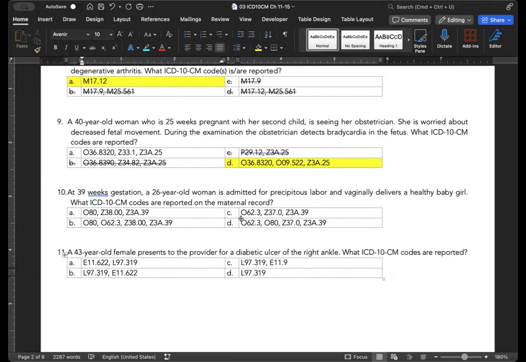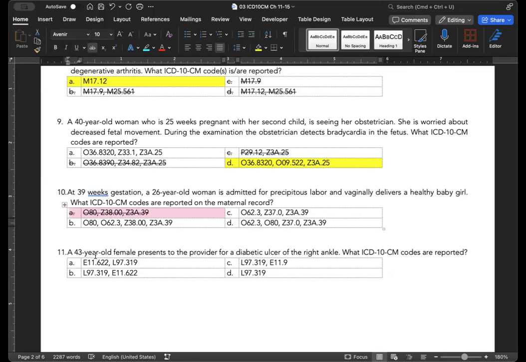O80 is for an encounter for full term uncomplicated delivery. So if they are in precipitous labor, that is not going to be considered an uncomplicated delivery. Okay. So O80, we're not going to use O80.